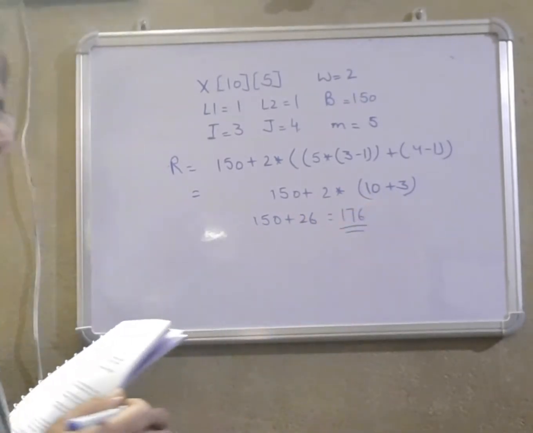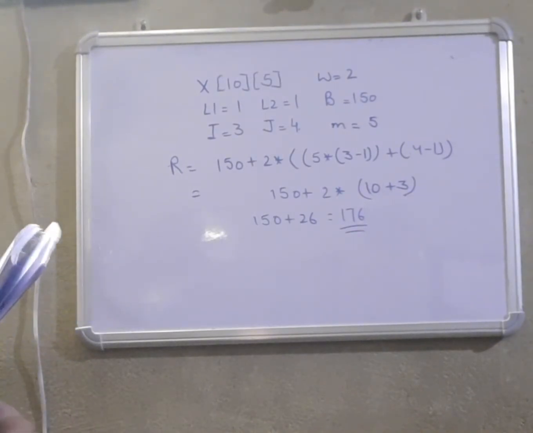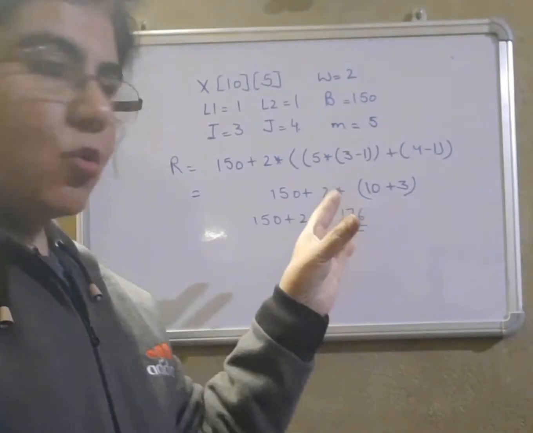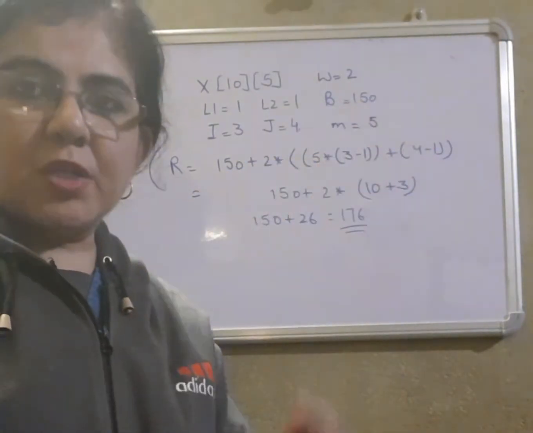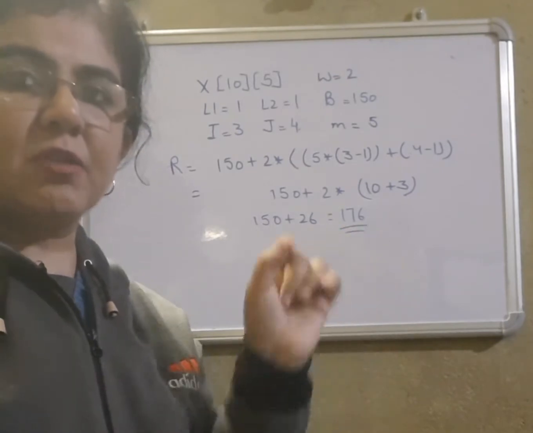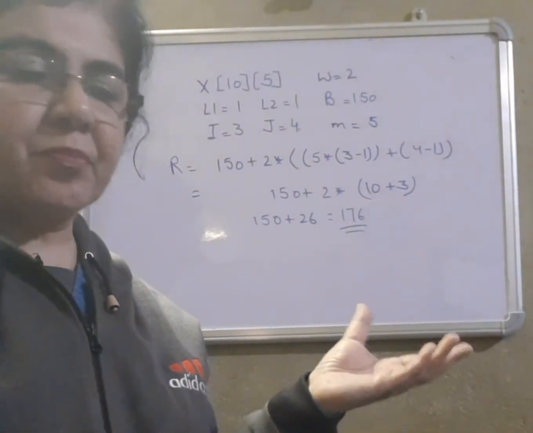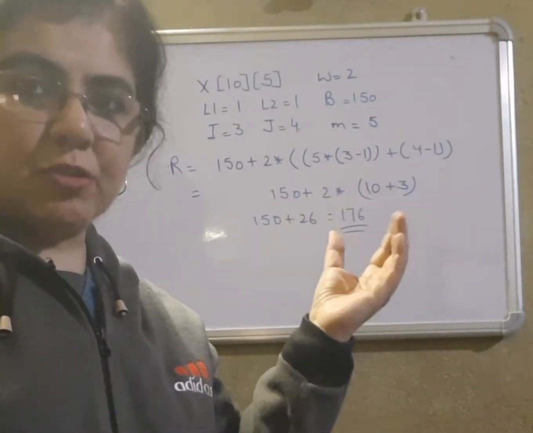This is your answer. That means first of all, write down all the raw data that is required to apply your formula from the question. When you read the question, write down each and every part, that is, is this available with me, and then you will be able to calculate.